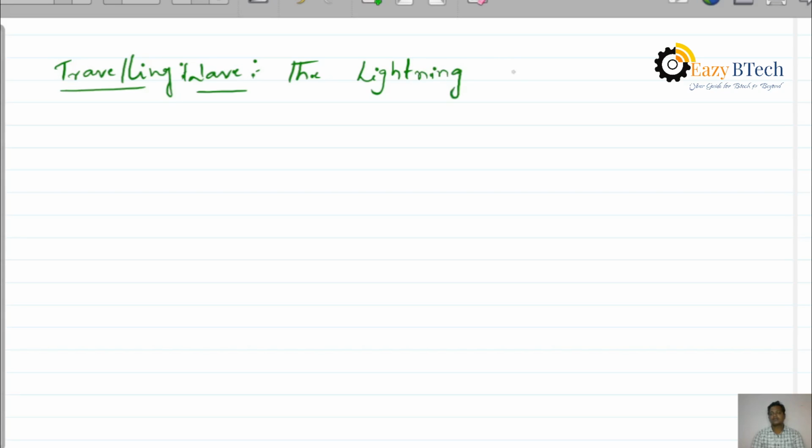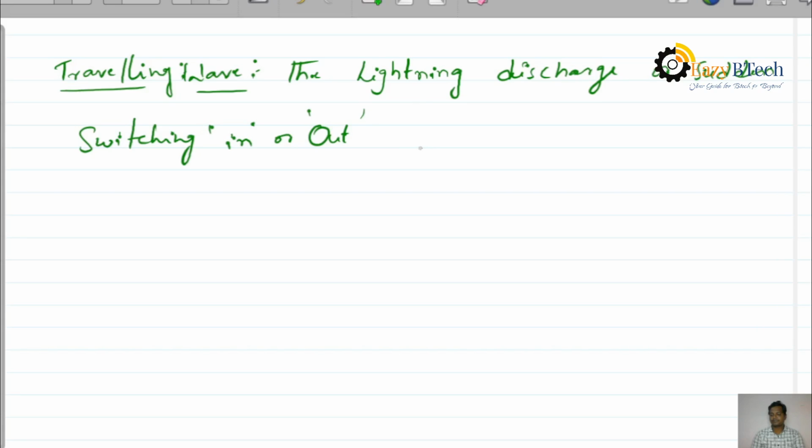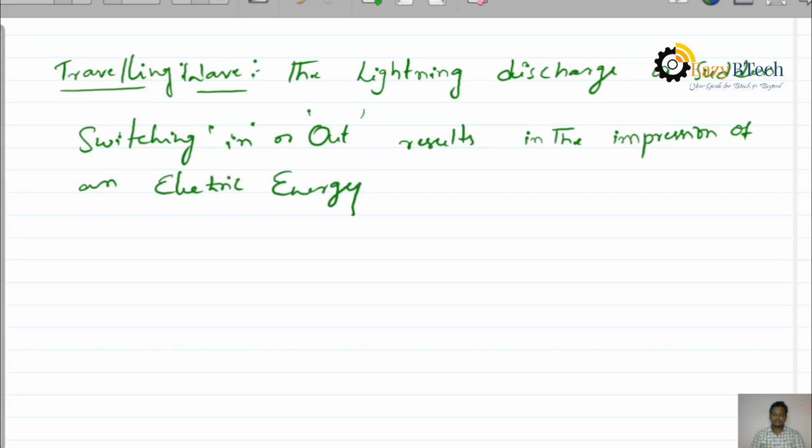the lightning discharge, or sudden switching in or out, results in the impression of an electric energy suddenly in a transmission line.